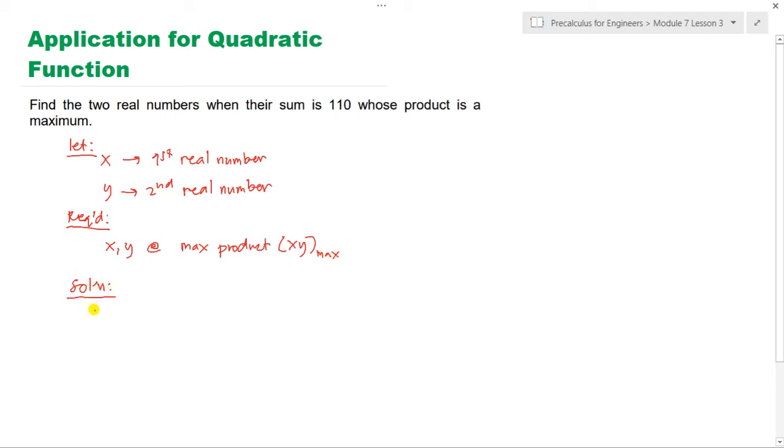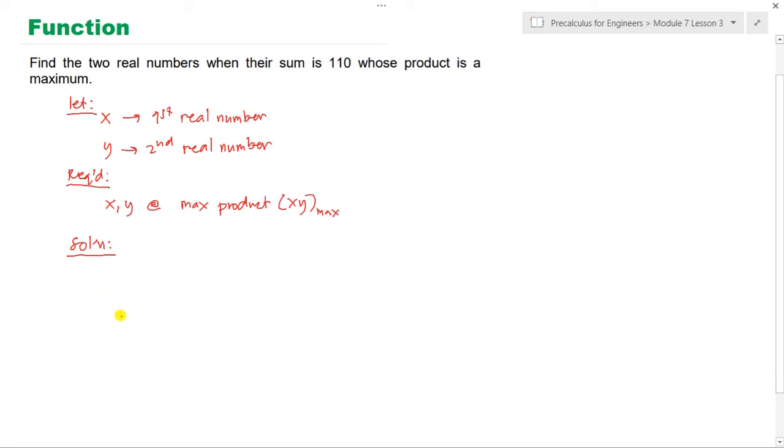Okay, solution. Now in solving this, be sure to write the conditions that are stated in the problem. The first condition says that the sum of the two real numbers is 110. So right here, x plus y is equal to 110. So we can say that y is equal to 110 minus x, or in other words, x is equal to 110 minus y.